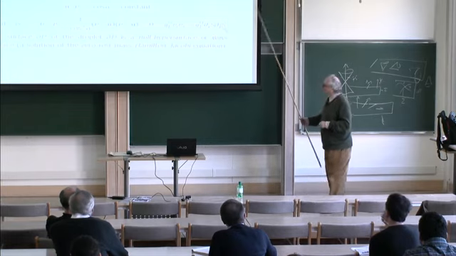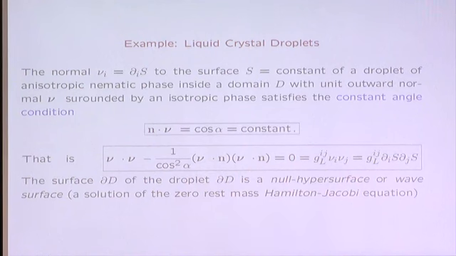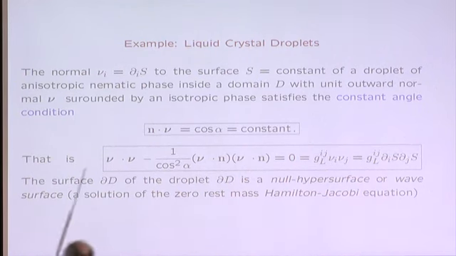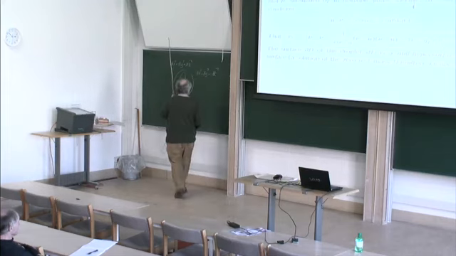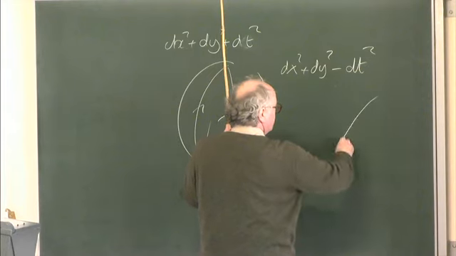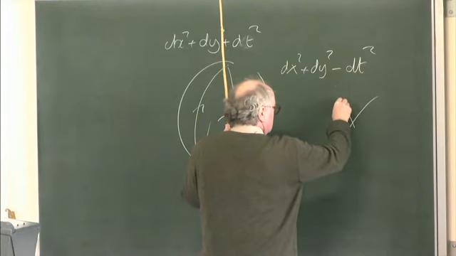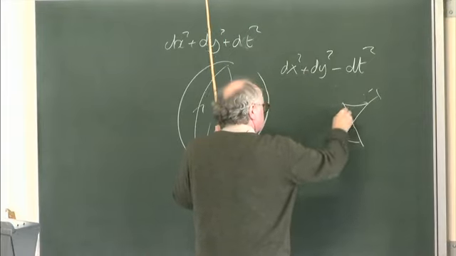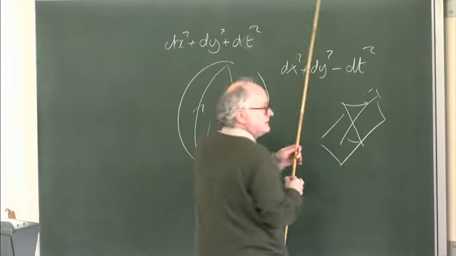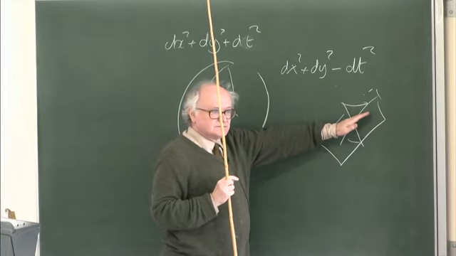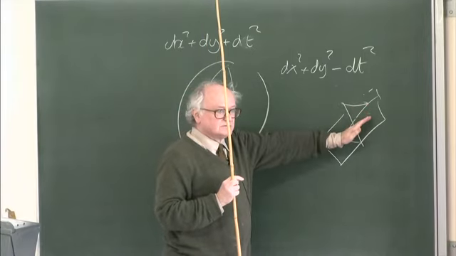So finding null hypersurfaces on which the gradient is light-like is equivalent to solving this droplet equation. So what I'm basically saying is that the droplet, so here is the droplet, should be tangent to the light cone of our metric in order to have constant angle.